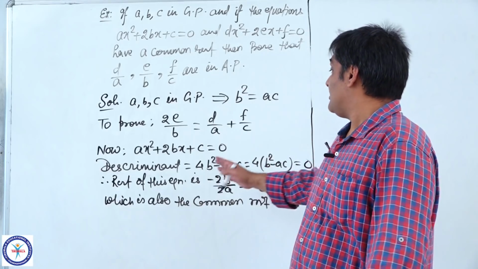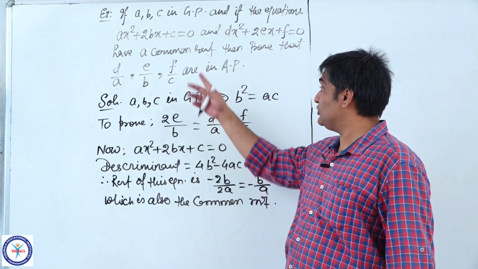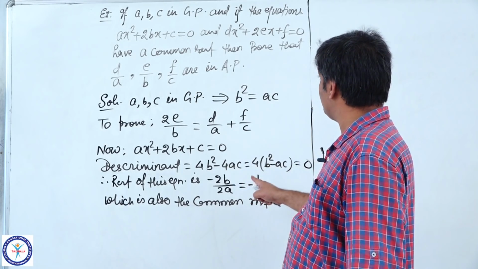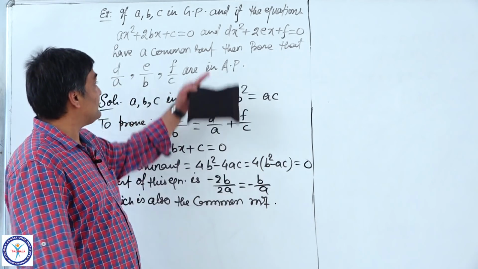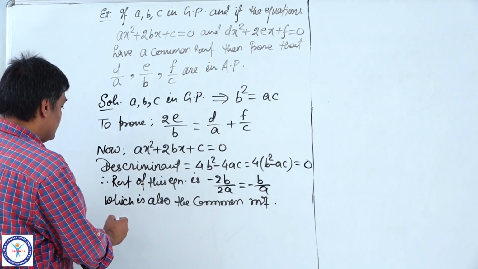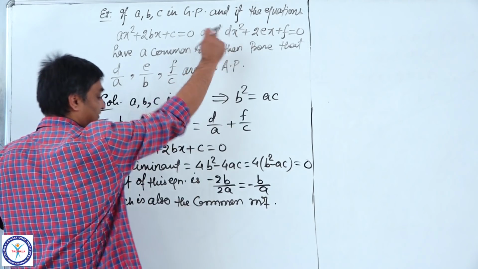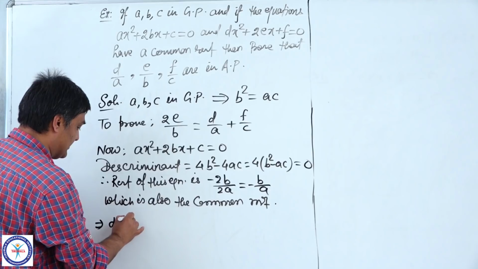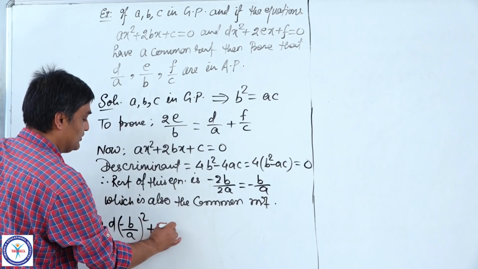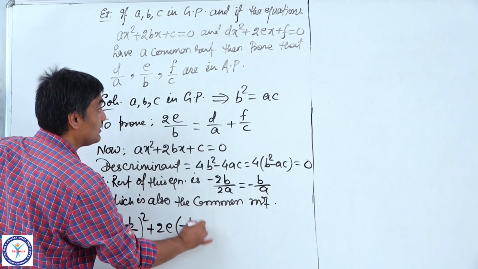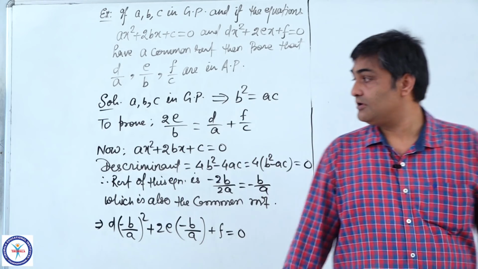Because both roots of this equation are equal to minus b by a, and since the two equations have a common root, this root should also be a root of the second equation. So it will satisfy the second equation. Okay, so we will have d into x square, x is minus b by a, plus 2e x plus f equal to 0.